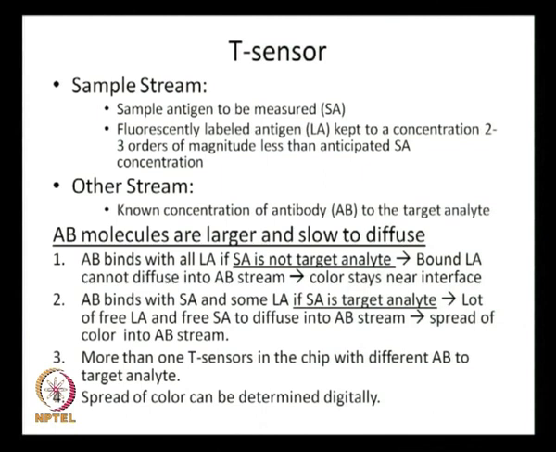So, I have introduced some amount of fluorescently labeled antigen, LA, with the sample stream, but its concentration is very small, and I have these 2 streams flowing side by side through this channel. The implication is that the AB molecules, these antibody molecules, are larger and slow to diffuse. Now, AB binds with all LA if SA is not the target analyte.